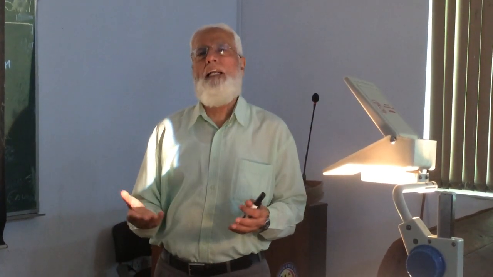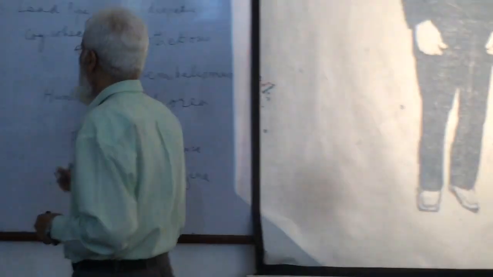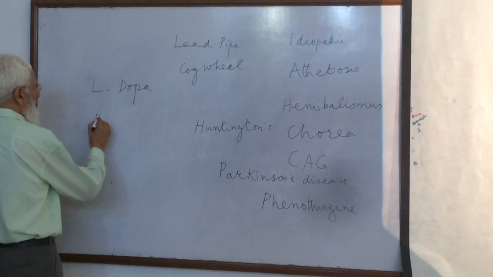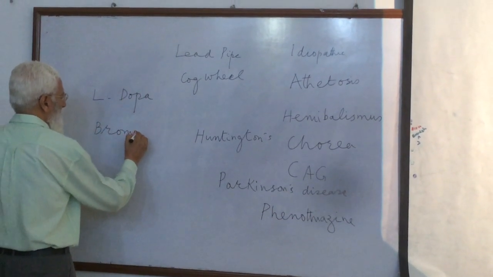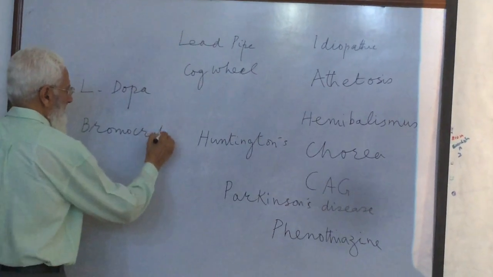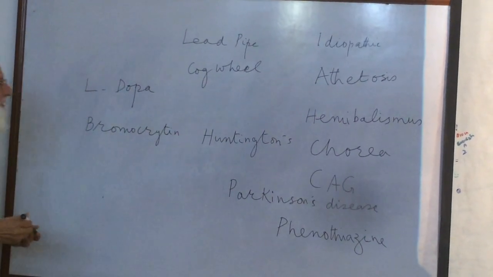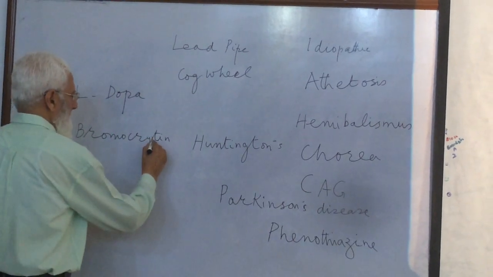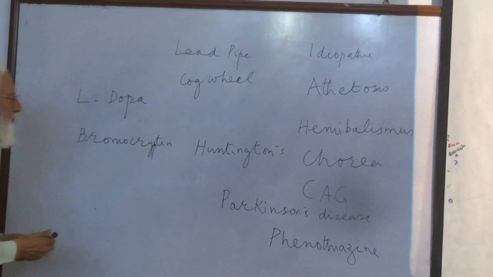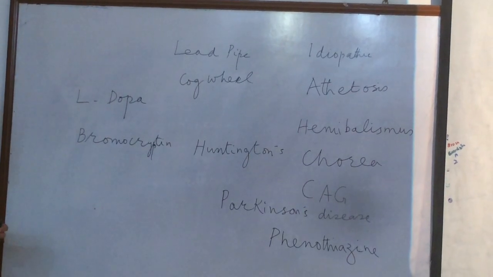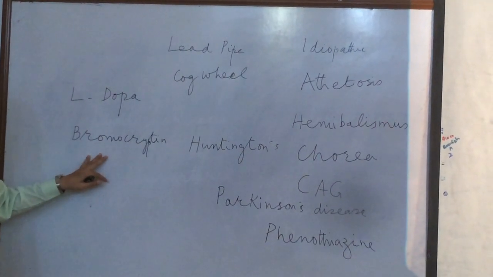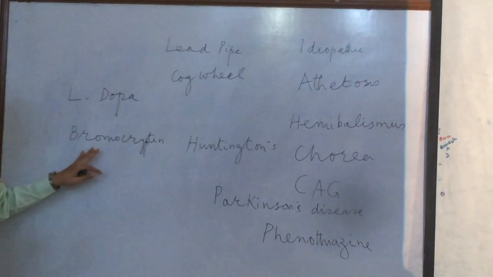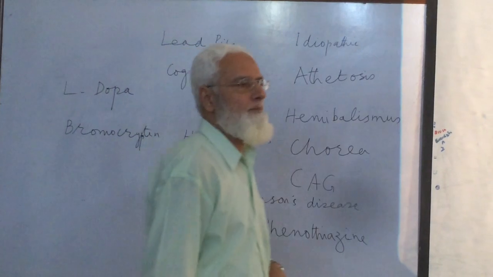We can give a synthetic dopamine agonist, such as bromocriptine. This is a synthetic dopamine agonist. So by giving this, we can improve the patient.